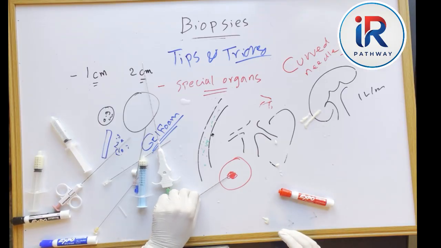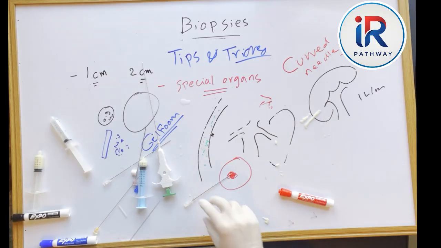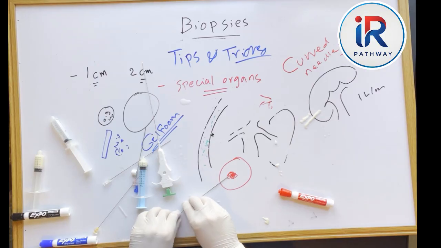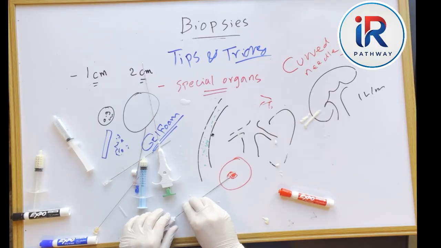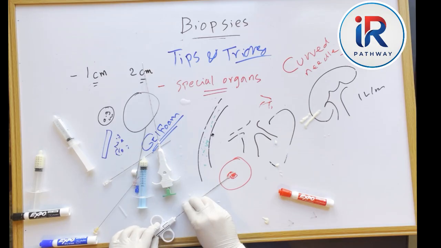First, we insert the coaxial needle as usual. If we advance it and try to sample from here, we will end up sampling the necrotic part. No matter how many times we advance in this trajectory, we keep entering the same area because everything is straight, even with repeated attempts. If I want to obtain a biopsy from other areas of the lesion, I have to redirect the coaxial needle slightly up and down.